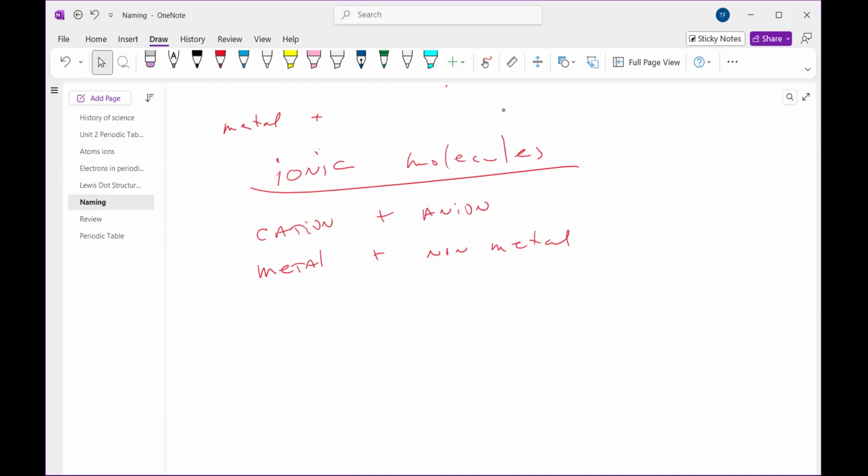In fact, we're going to see when we get to ionic naming that that's how the formula is set up, they have to balance. So no net charge, zero charge. So the positives have to equal the negatives. For ionic, exactly. What is a metal plus a what? Non-metal.